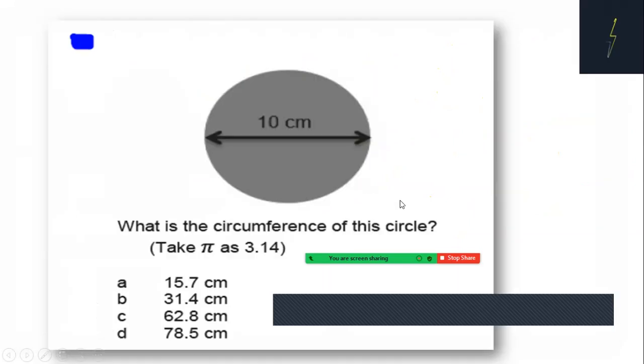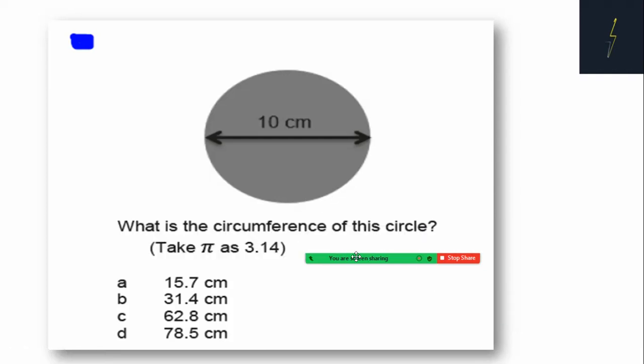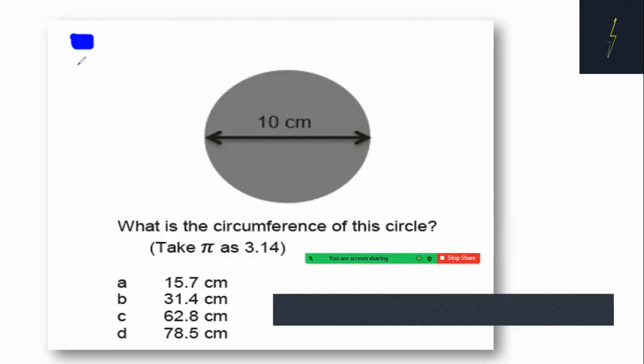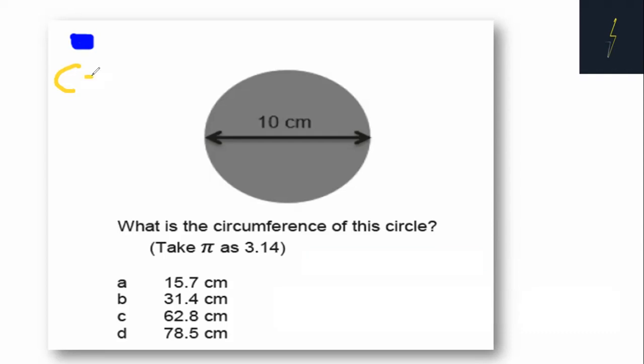All right. Now we notice it's pure formulas. Can someone tell me the formula for finding the circumference of a circle? By the way, can someone tell me what's another name for circumference?